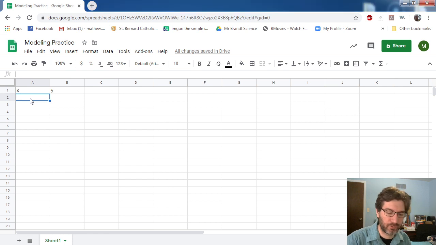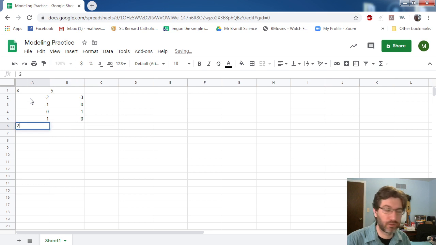So over here I'm going to write -2. And its Y value was -3. And I'm going to just fill in all my points like such, making that XY table out of it that we've done so many times already. 1 and 0, 2, and -3.